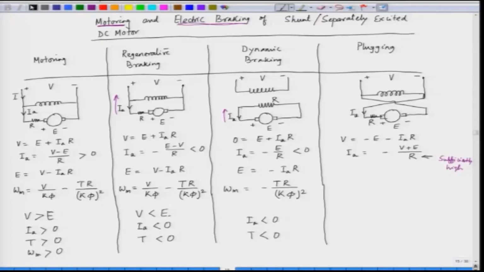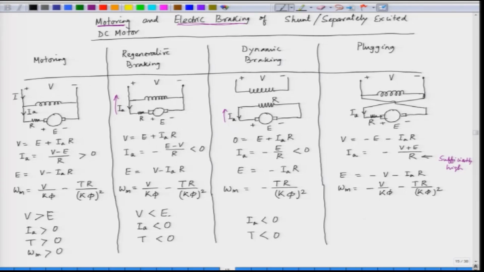Now, if we see the equation for the back EMF, the back EMF is equal to minus V minus IAR, or from this omega m is equal to minus V by K phi minus T R by K phi whole square. Now, this is the equation for plugging.